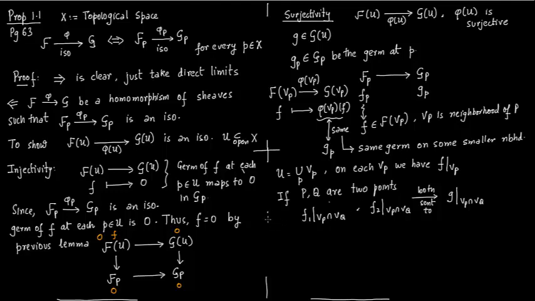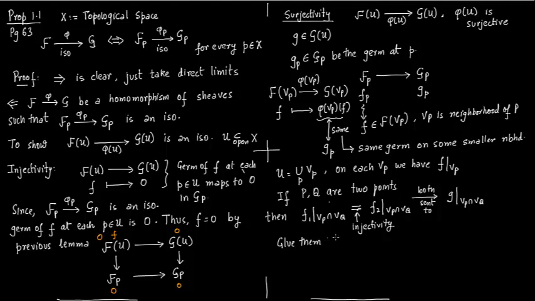Now by injectivity previously, we know that these two are equal. So p and q are two points. We have two sections, say f1 and f2, and we want to show they come from the same function f. That will be true if f1 and f2 are sent to the same element in another neighborhood of V_p by using injectivity.